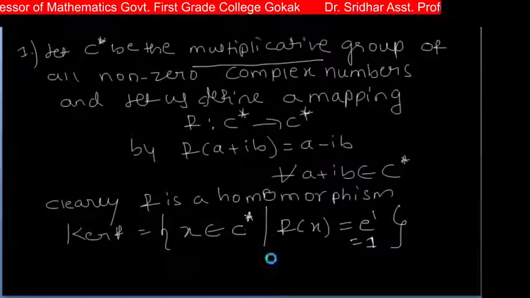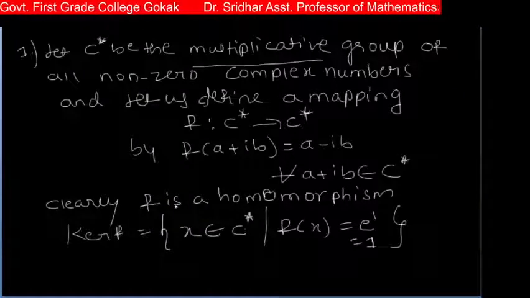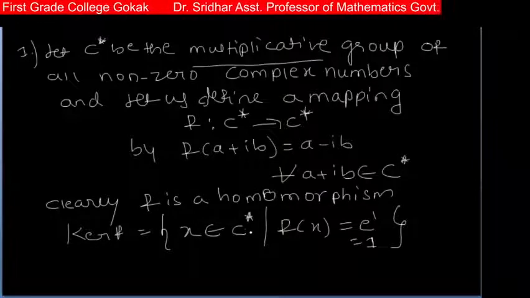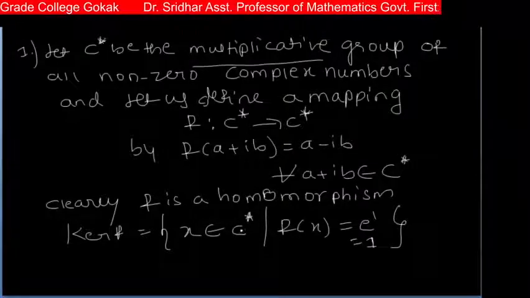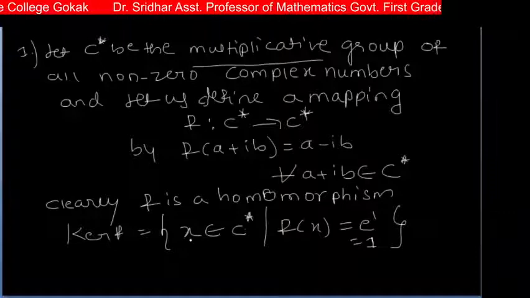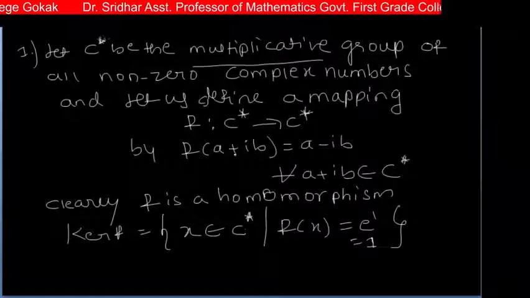So kernel of f is equal to, now see here, x is an element of the group of complex numbers, so x is of the form a plus ib, correct?